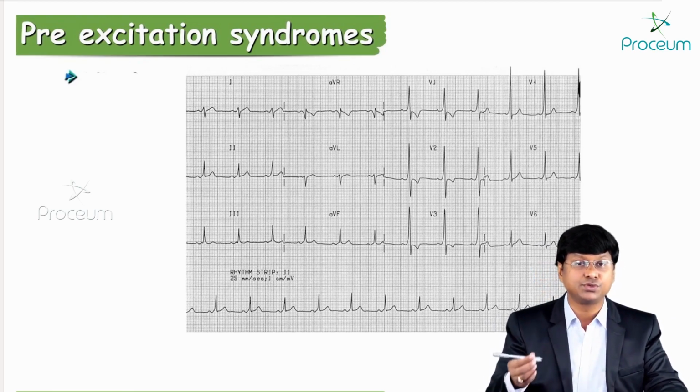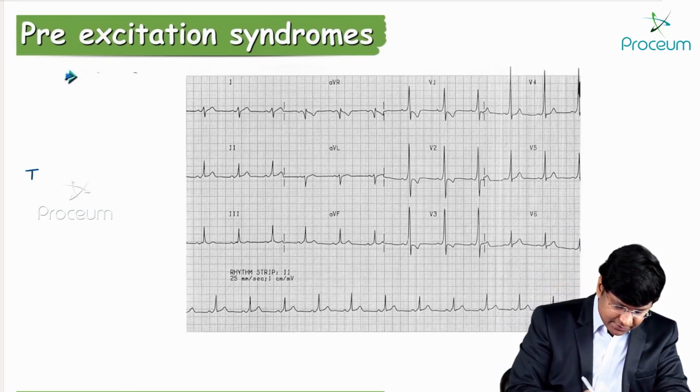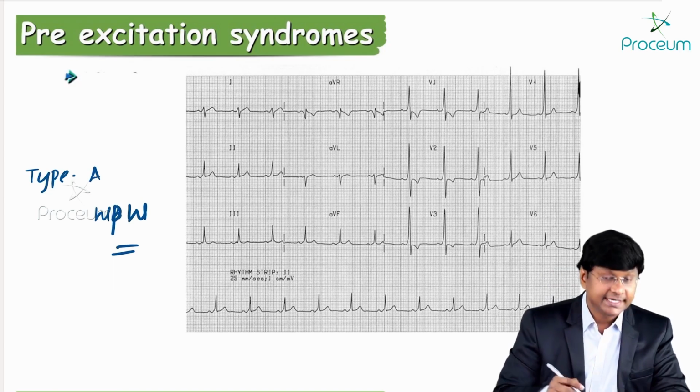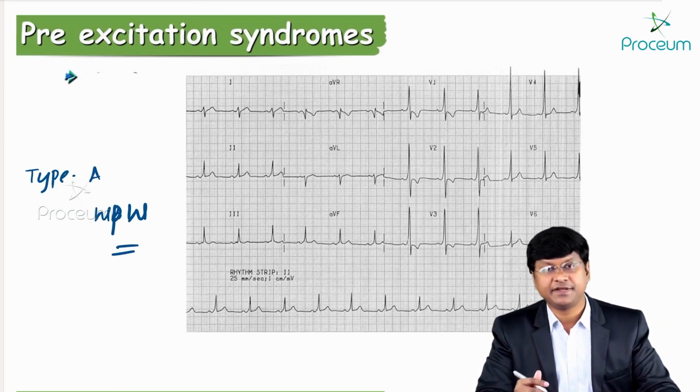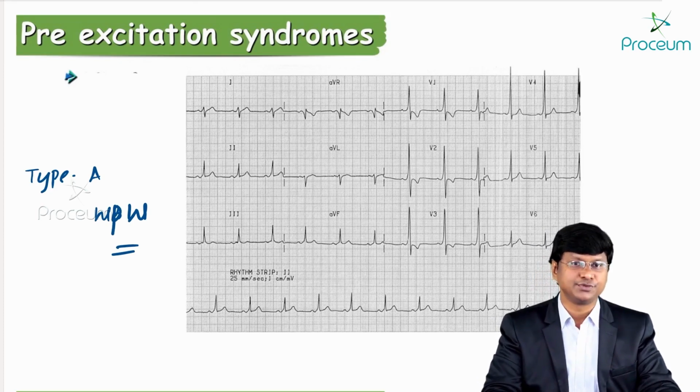Previously, they used to classify the pre-excitation syndromes as type A WPW syndrome as well as type B WPW syndrome. So that is what they used to classify previously, type A as well as type B. Now the question is, what is type A and what is type B WPW syndrome?